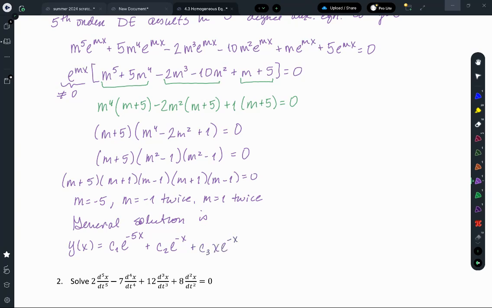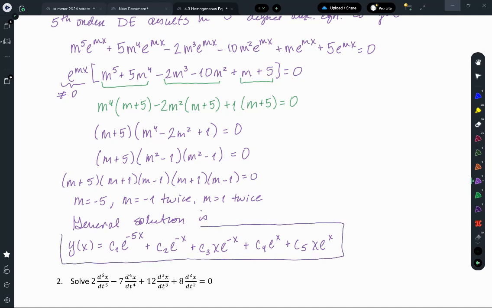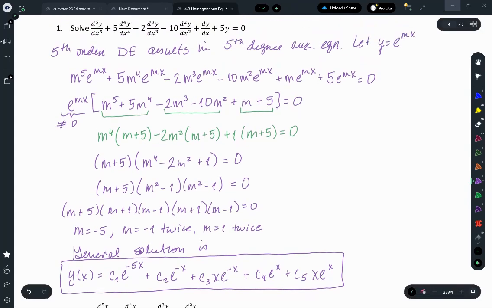That takes care of m equals minus 1 the second time, plus c4 e to the x, plus c5x e to the x. And that is all she wrote for that one. Okay, so forming the solution was not hard once we had the solutions for m, but most of the work that we had to focus on was just getting that polynomial factored.